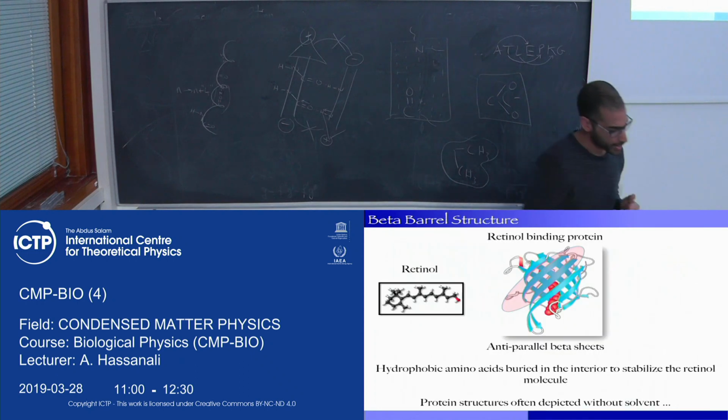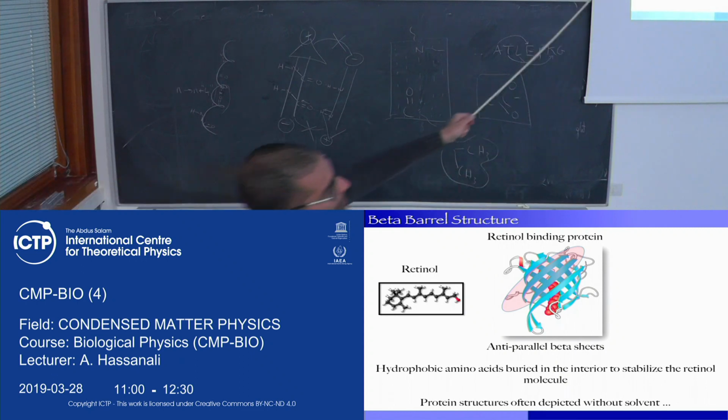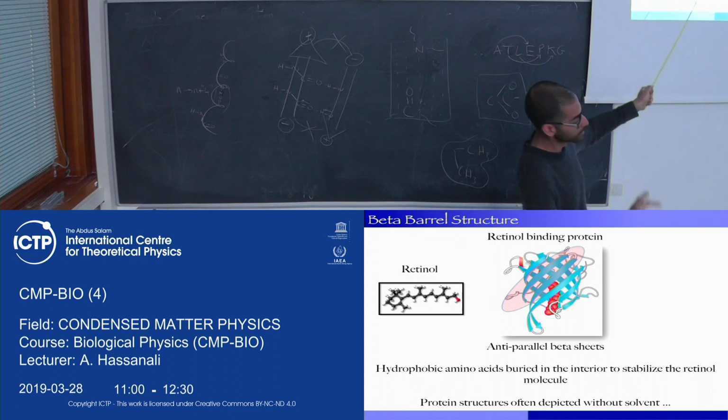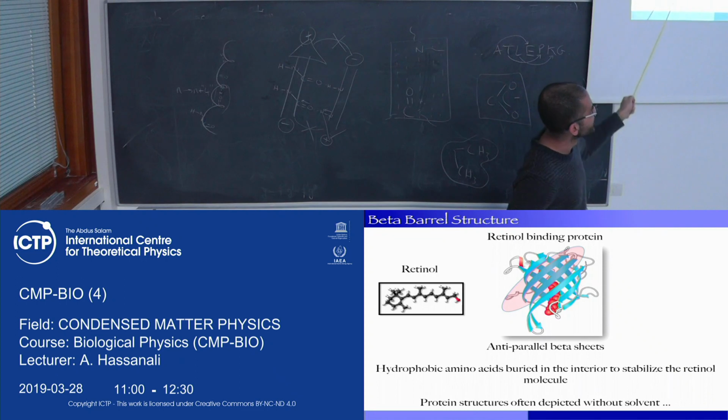Okay, so an example like I gave you for the alpha helix, of beta sheets being used for a particular function, is the following. Beta sheets are good at creating baskets. This is a nano basket, because of the way you can form these nets around a molecule.